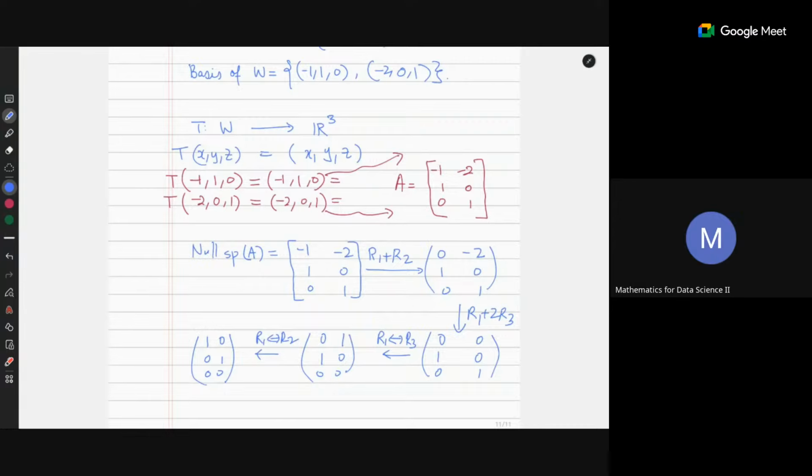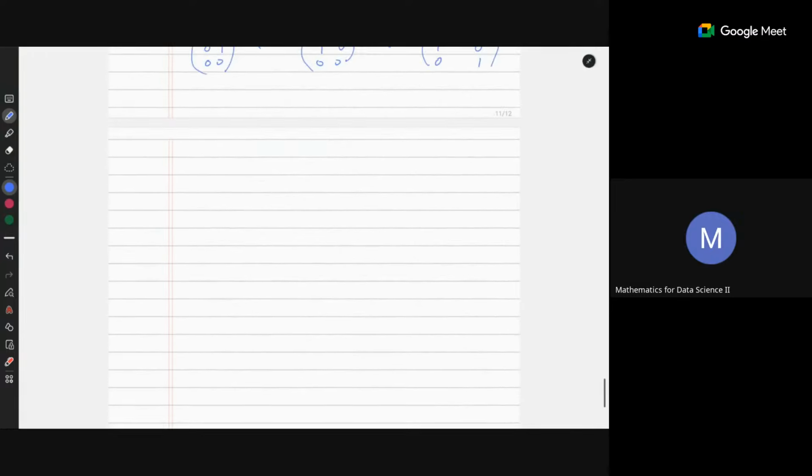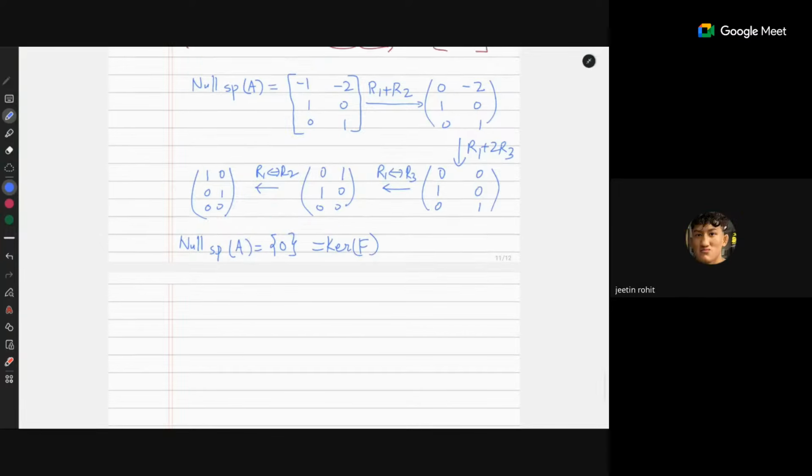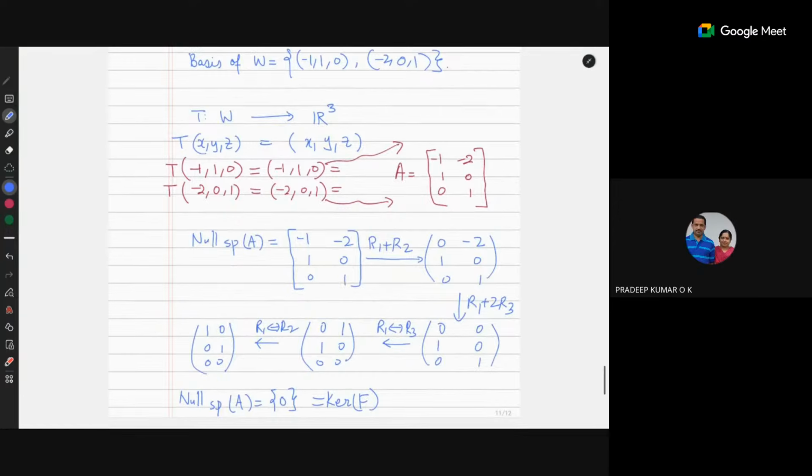How many variables are there in total? 2. So the nullity is 0. So what is the null space of this matrix? 0 only. Null space is 0. That means the kernel is also 0. Make sense? Good.